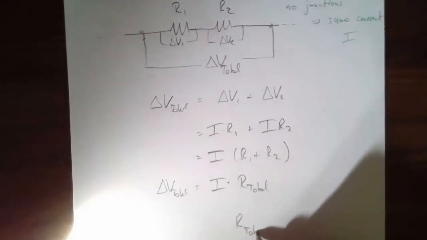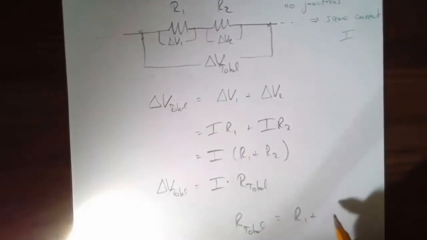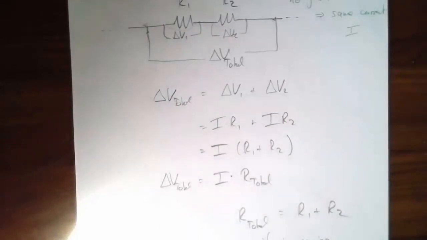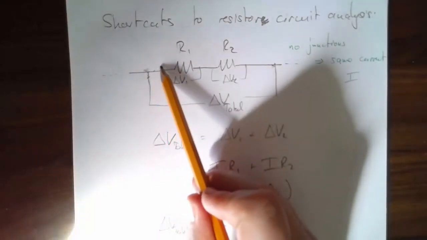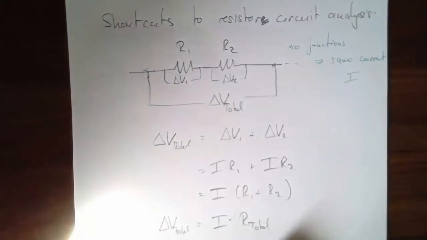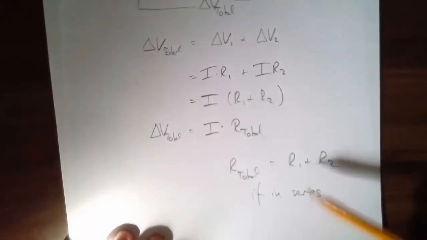R total is R1 plus R2 if in series. In series means if you're an electron, you have to go through both of them to get to the other side. So this is our first shortcut.